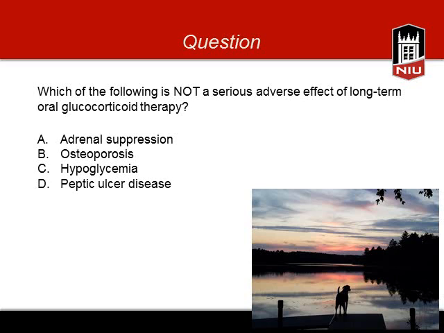Correct answer is C. Serious side effects of long-term use of oral steroid therapy include adrenal suppression, osteoporosis, hyperglycemia, peptic ulcer disease, and again with oral steroids we could have some growth suppression of our pediatric patients.